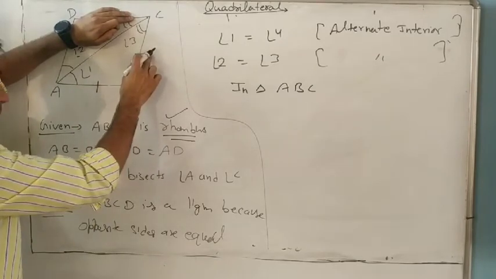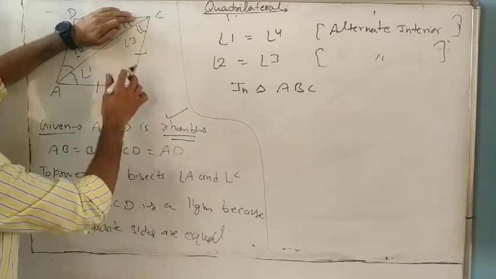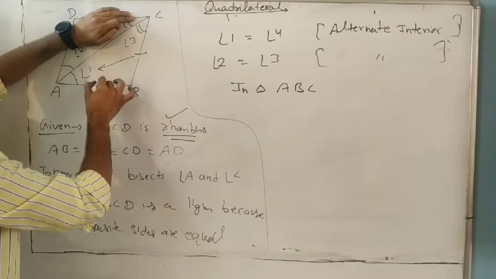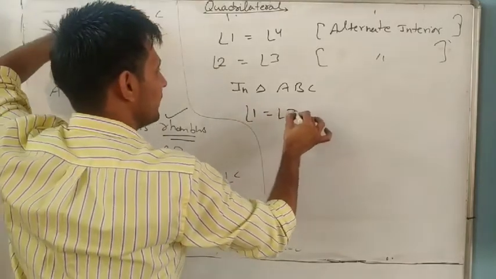AB equals BC, and if two sides are equal, the angles opposite to them are also equal. So in the triangle, angle 1 equals angle 3. Why?